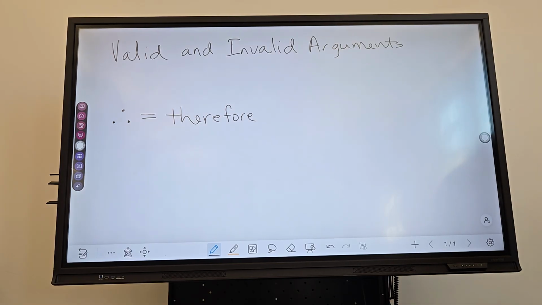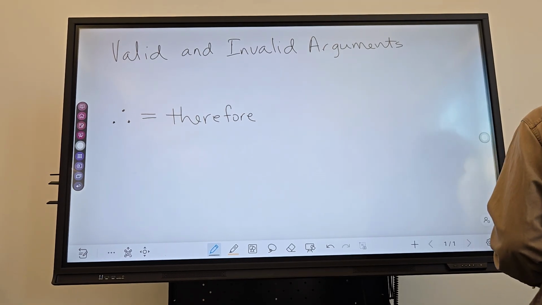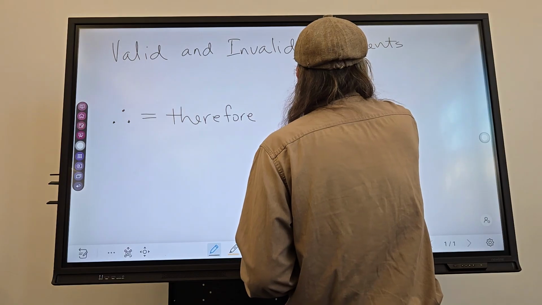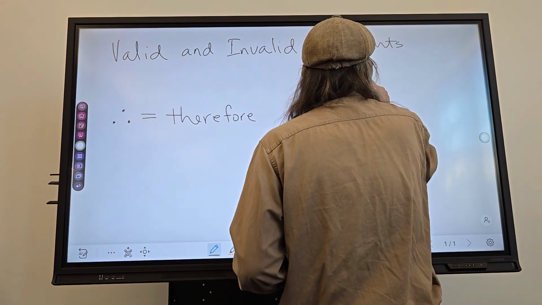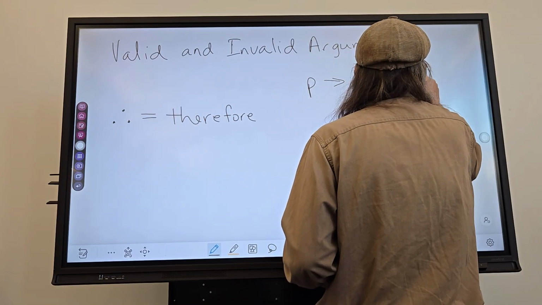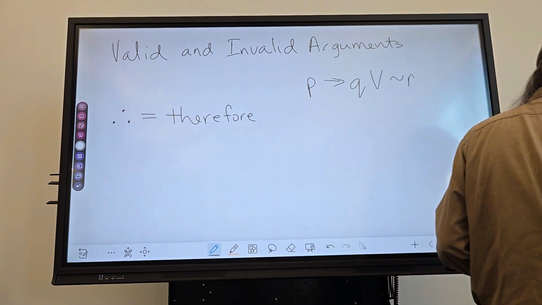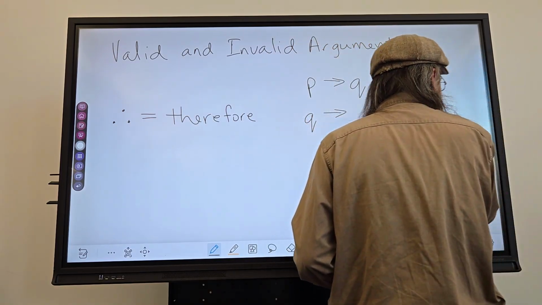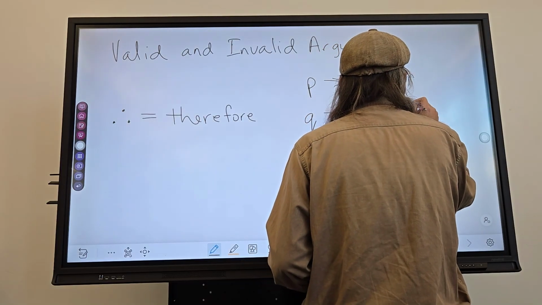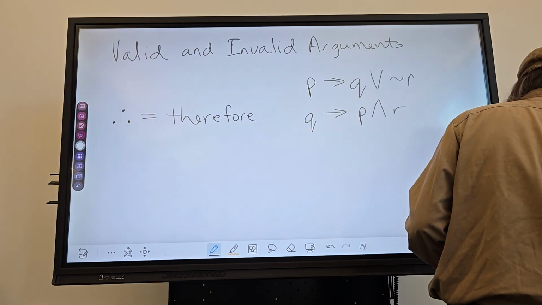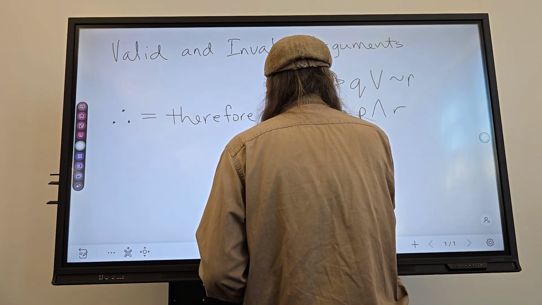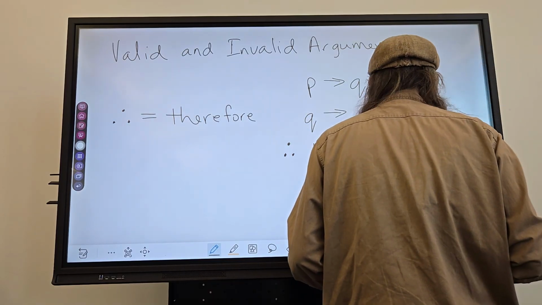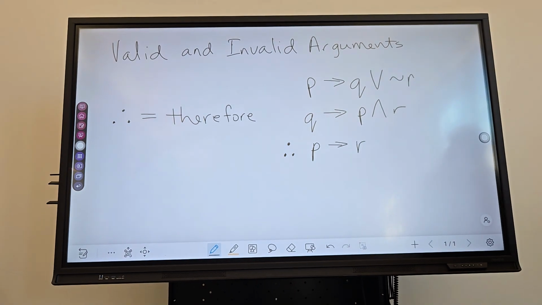So let's look at an example. If P, then Q or not R. If Q, then P and R. And therefore, if P, then R. Is that argument valid?